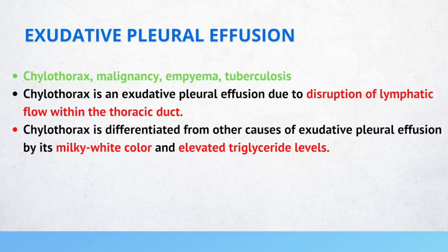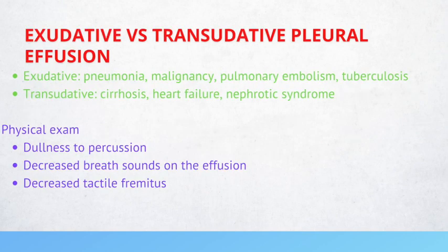A chylothorax is differentiated from other causes of exudative pleural effusion by its milky white color and elevated triglyceride levels. So a pleural effusion is basically excessive fluid in the pleural space. Once you see a pleural effusion, your next step is to think about, hey, is it a transudative or an exudative pleural effusion? You can use the Light criteria to distinguish between them.